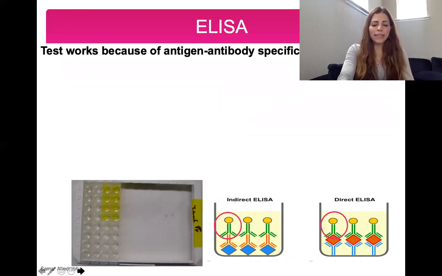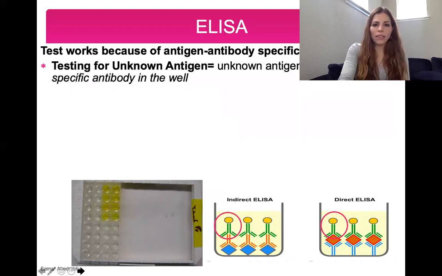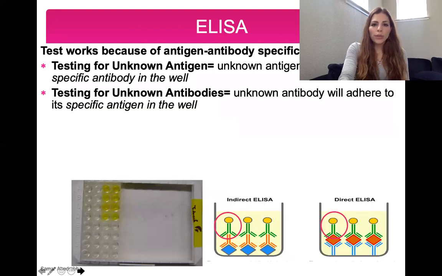It's all based on antigen-antibody specificity, and antibodies are very specific to the antigens they bind to. An influenza antibody will only bind to the influenza virus. So you can use ELISA to detect unknown antigens or unknown antibodies.